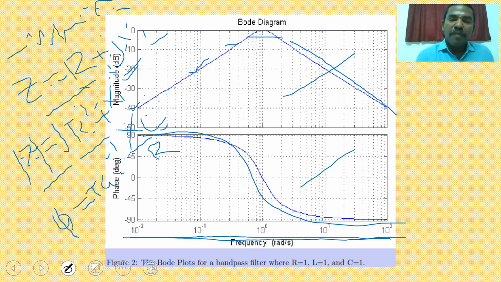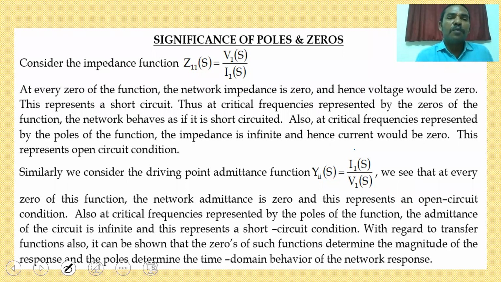Now coming to the significance of poles and zeros. The most important thing is the significance of poles and zeros that you have to see. The driving point impedance Z11 of S is equal to V1 of S by I1 of S. For finding the values of your Z11, from the numerator you can get zeros.